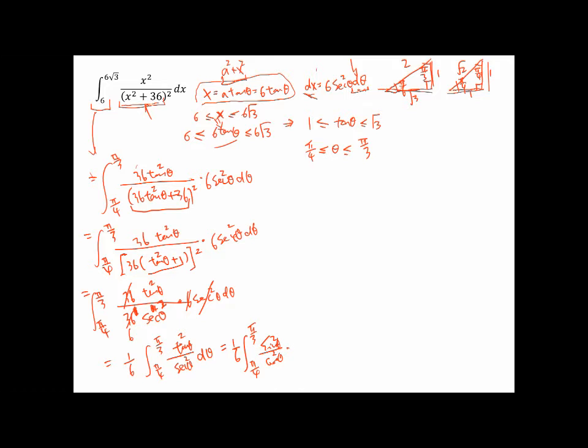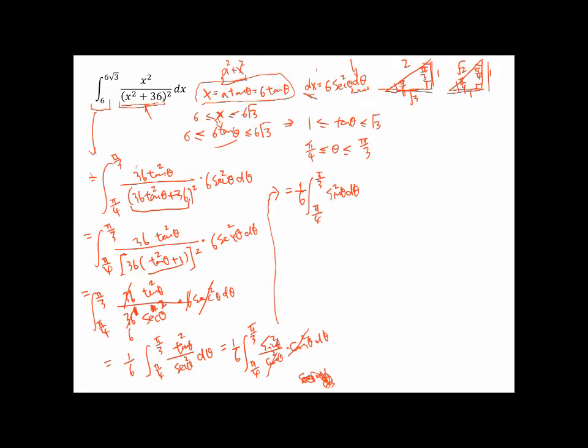And we know that secant theta is 1 over cosine, right? Secant equals 1 over cosine. So if I divide by the secant squared, here is a multiply by cosine theta squared. Copy the d theta. So it's clear here things can be cancelled. What is left is 1 over 6, integral from pi over 4 to pi over 3 of sine theta squared d theta.